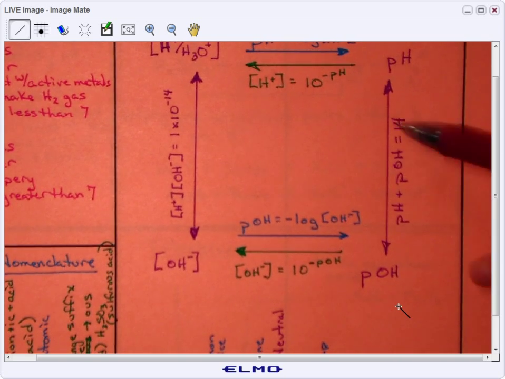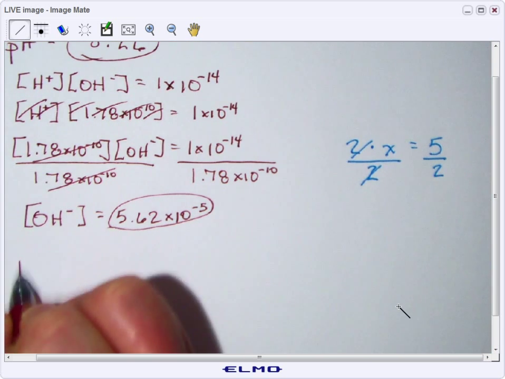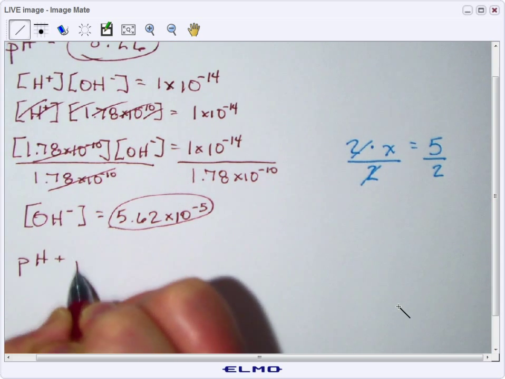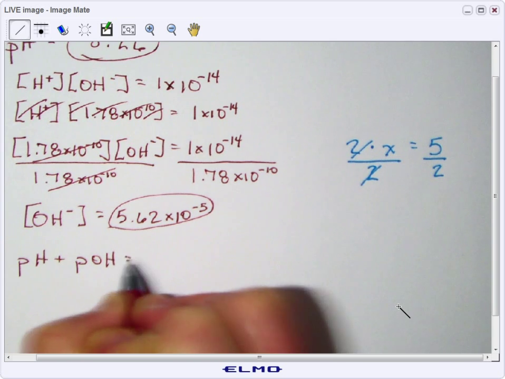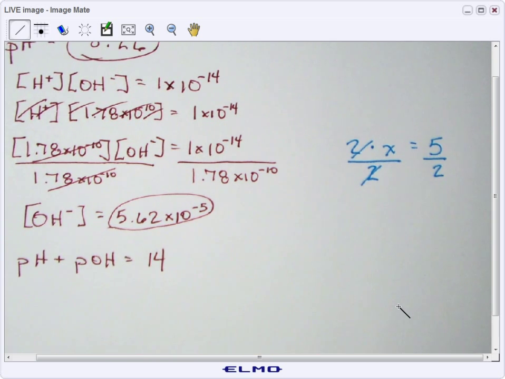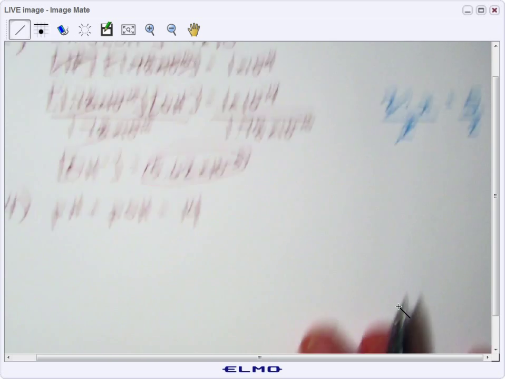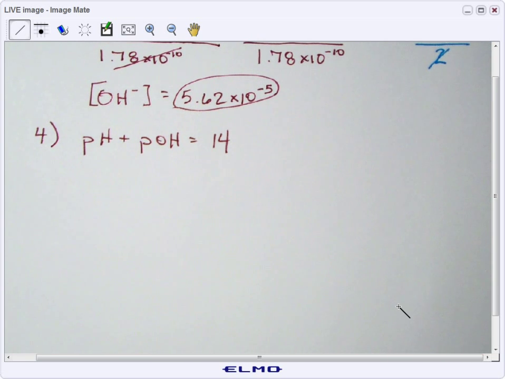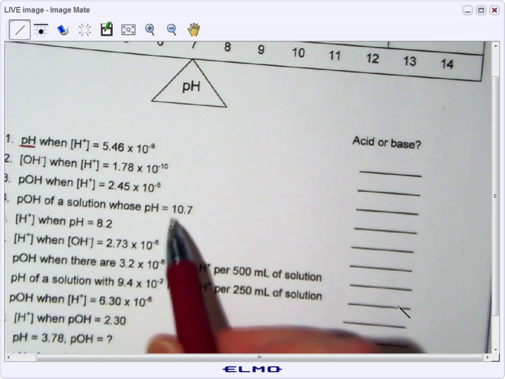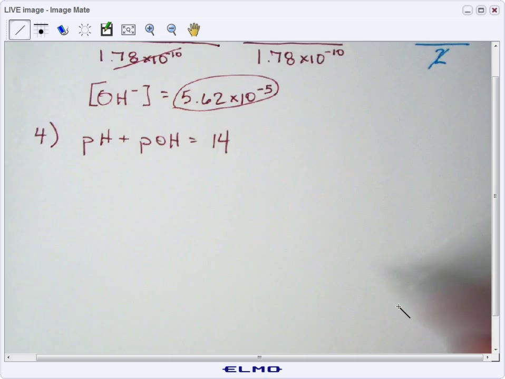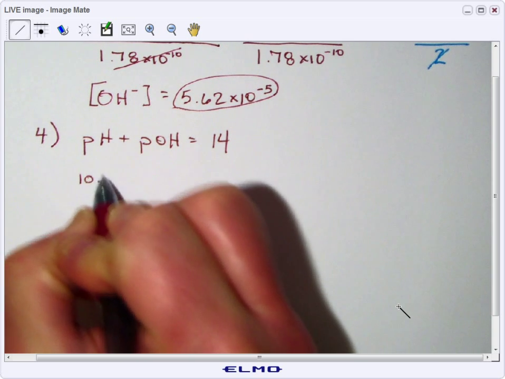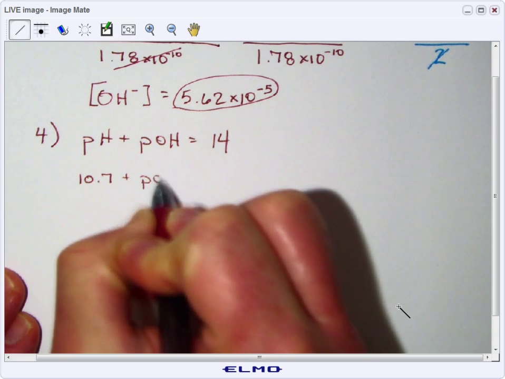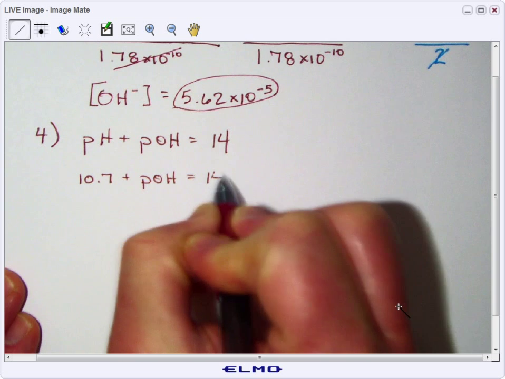So this is the equation we're going to use right here: pH plus pOH equals 14. So what did they give us? They gave us the pH of 10.7. So 10.7 plus pOH equals 14.